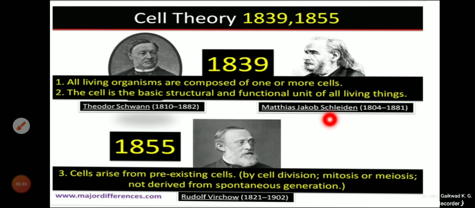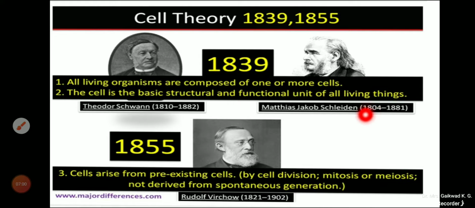But this theory gives only some postulates: that all living organisms are composed of one or more cells, and the cell is the basic structural and functional unit of the living thing. But there is no explanation about the formation of new cells, from where the new cells come.